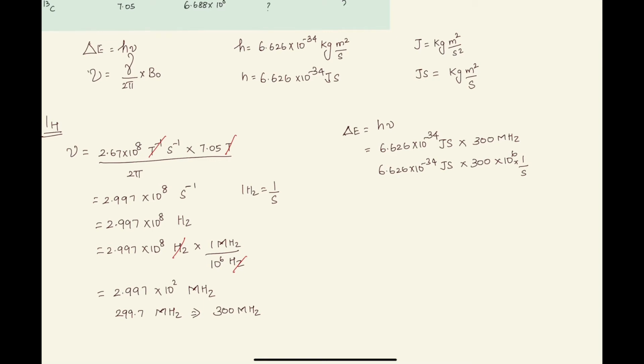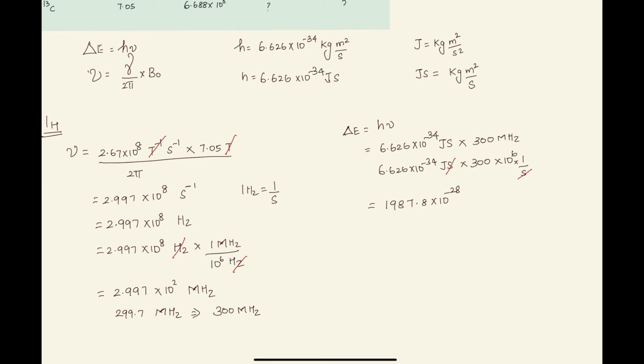And this second will get cancelled, and the final number is going to look like this. When I multiply 6.626 by 300, it's going to be 1987.8 times 10 to the power of minus 28.